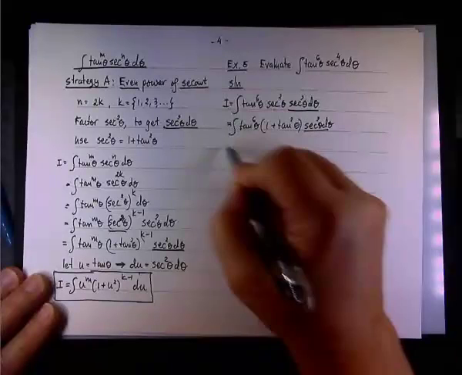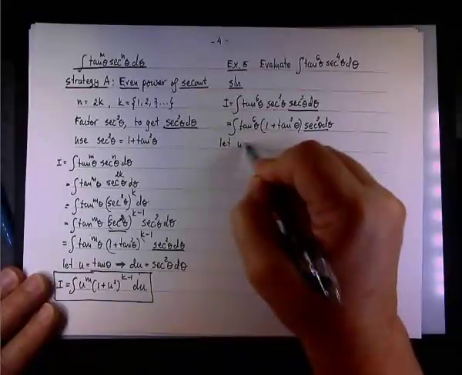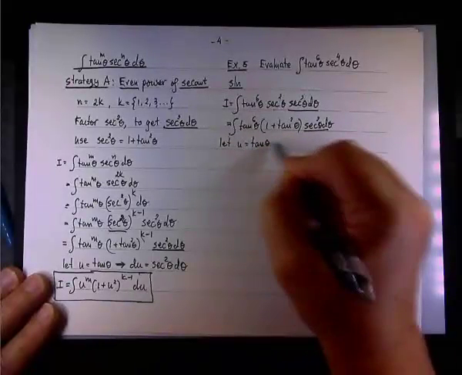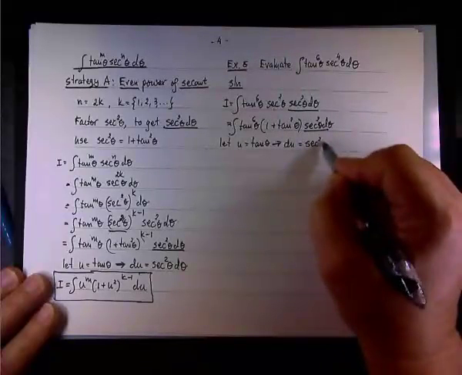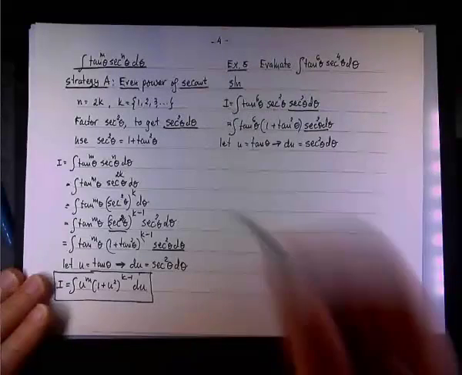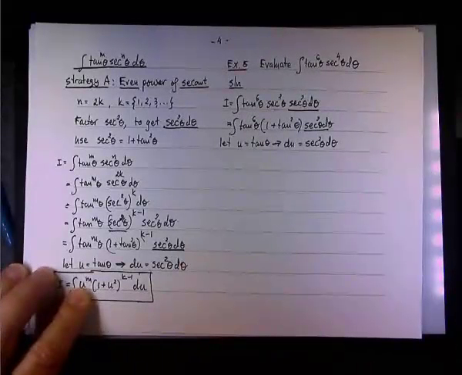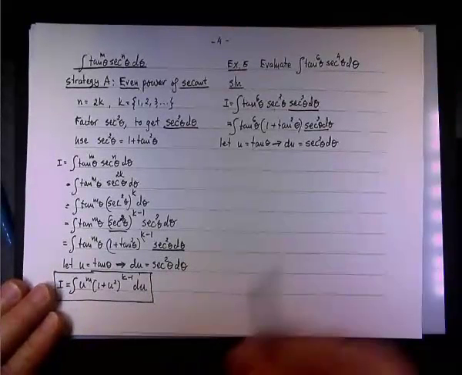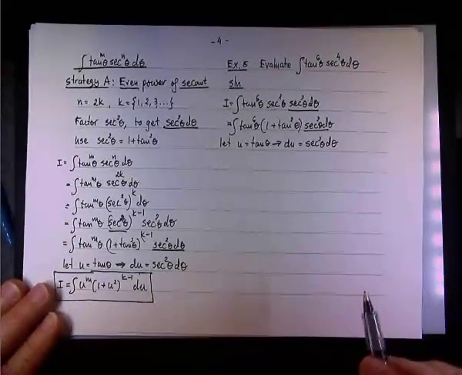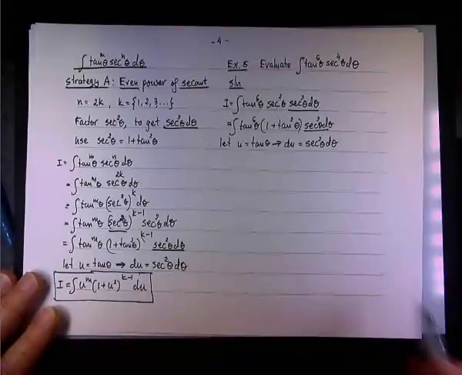And now we let u equal the tangent, and therefore du equals secant squared theta d theta. As you see, I don't even go back and try to fit m and n and k here because it will take me as much time as to redevelop this strategy.